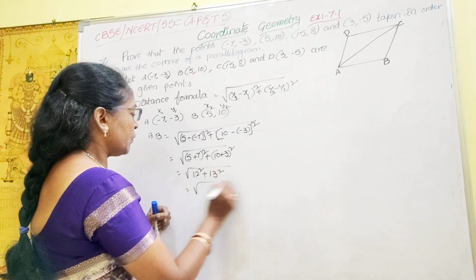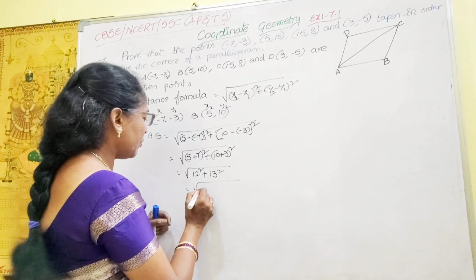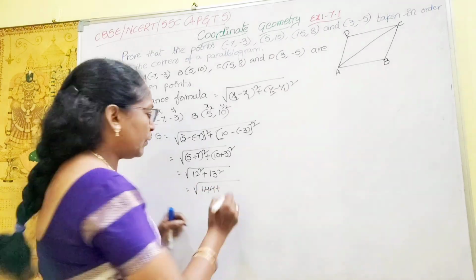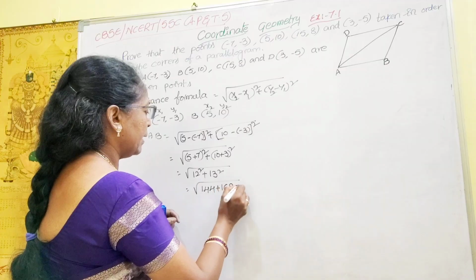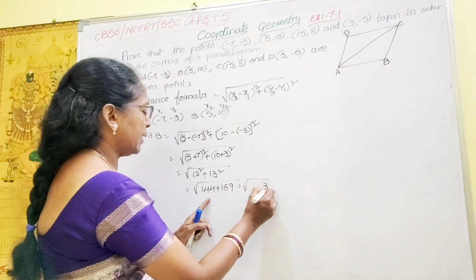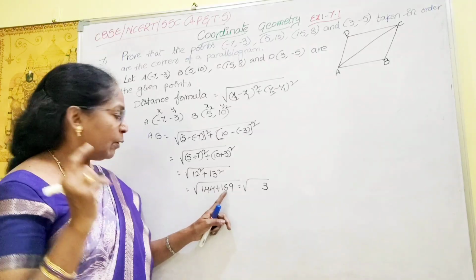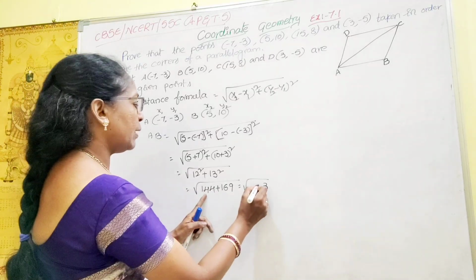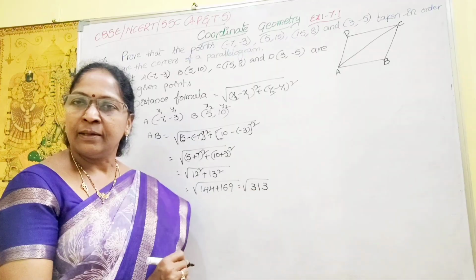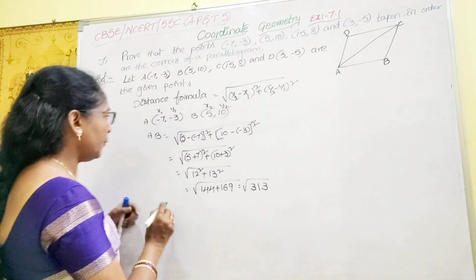That equals square root of 12 square is 144 and 13 square is 169. Add these numbers: 9 plus 4 is 13, carry 1; 1 plus 6 is 7, 7 plus 4 is 11, again 1 plus 1 is 2, 2 plus 1 is 3. So we got square root of 313.